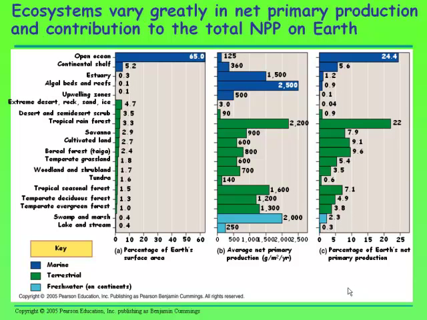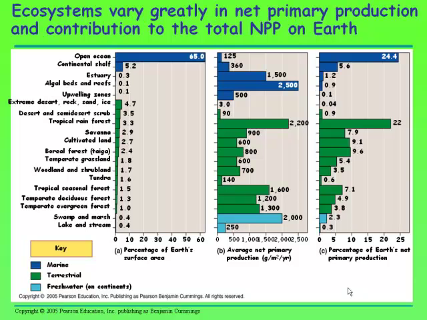And this is an interesting graph. It compares and contrasts many ecosystems in three different graphs, showing how they vary greatly in net primary production and contribution to total net primary production on Earth.